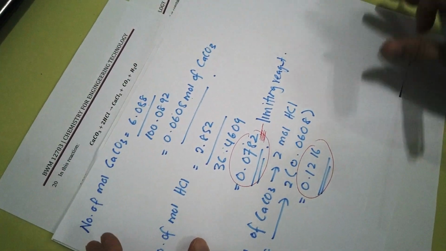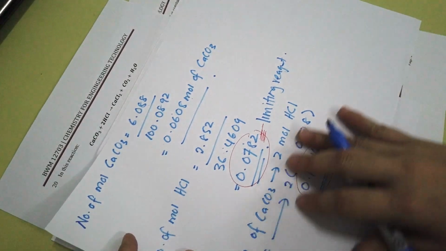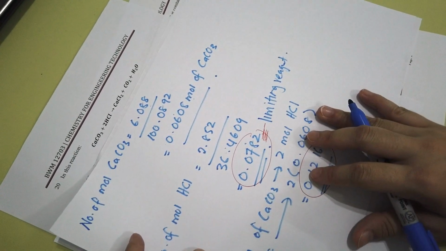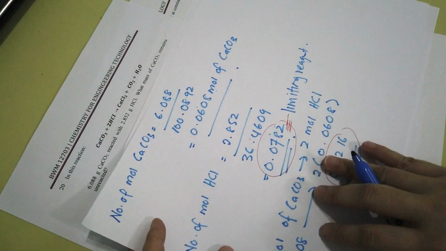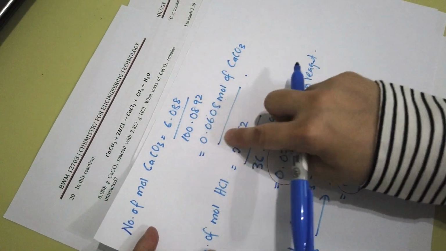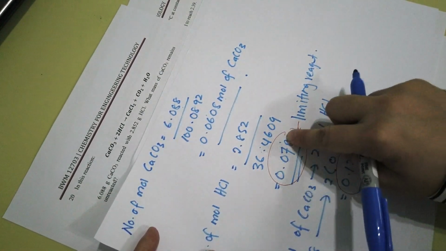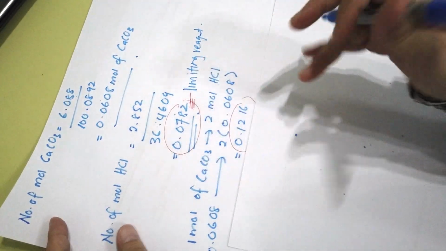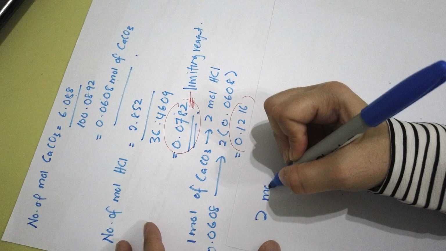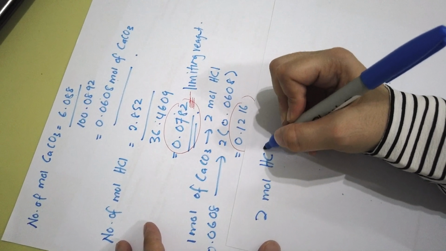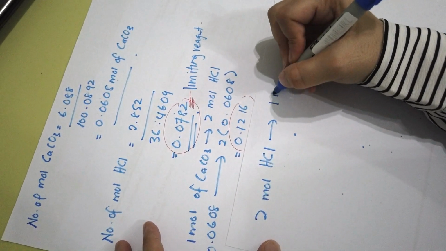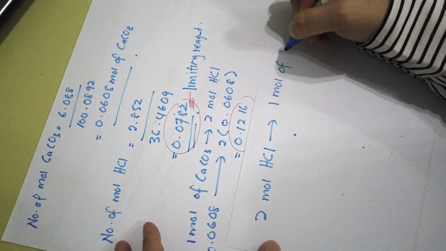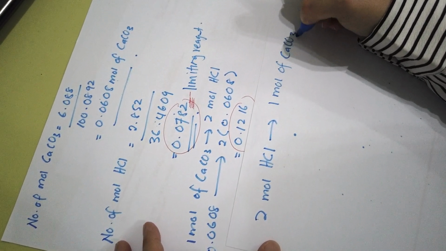So now we have to do the calculation again. So instead of using this, so you need to use this value instead. So 2 mole of HCl will need 1 mole of CaCO3.